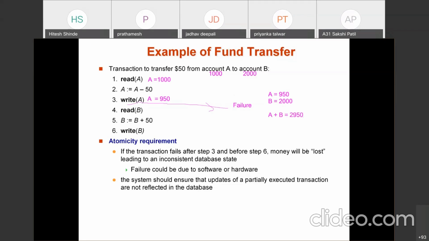So it results in data inconsistency. And that's why it is necessary that the transaction should execute in its whole, entirely or not at all. All the changes made by the transaction should be updated in the database which is stored on the disk.